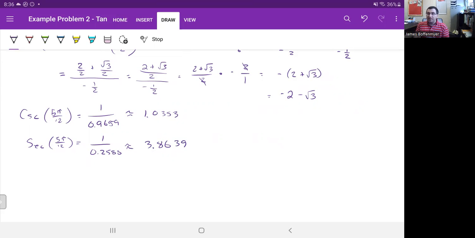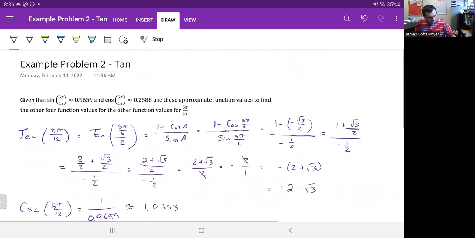And then to find cotangent, because I didn't write the approximate value of cotangent, it would be 1 divided by that value you found for tangent. So the cotangent is 1 divided by negative 2 minus the square root of 3. Whatever decimal value that would be is the approximate function value for cotangent. So we're having to utilize formulas that we learned back in section 7.1 to do this problem.